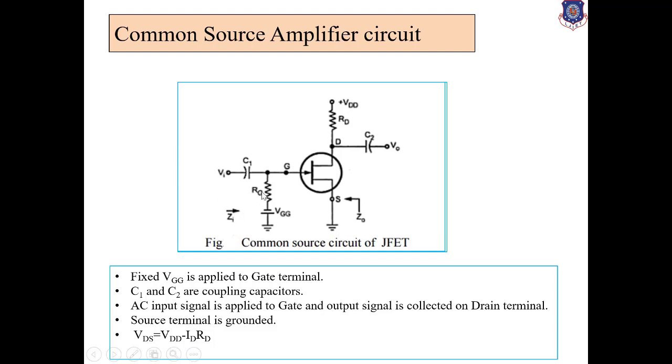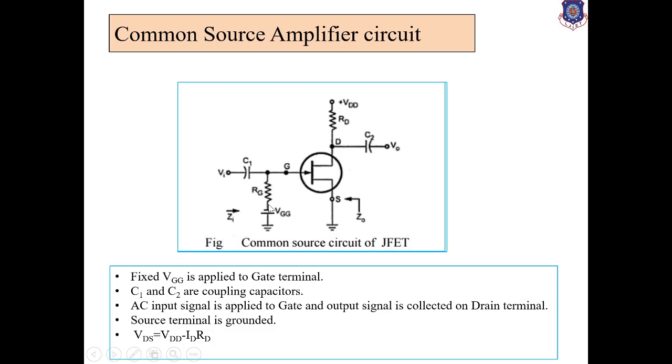Now come to the point. This is ZI and this is ZO. ZI indicates the internal input impedance and ZO is the output impedance. A fixed voltage VGG is applied to the gate terminal.